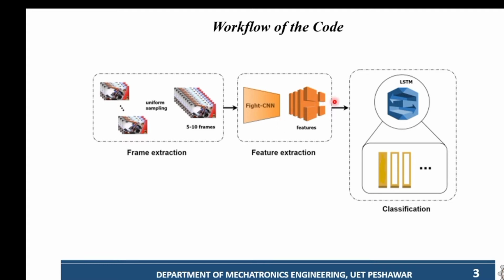Then these will be forwarded to an LSTM, long short-term memory, for further feature extraction. At the end, the model trained upon these two algorithms, CNN and LSTM, will be able to classify whether it is a fight or not a fight, whether it is a violent scene or not a violent scene. Let's move on and explain these two algorithms and the frame extraction architecture which we got from CNN in the next slide.